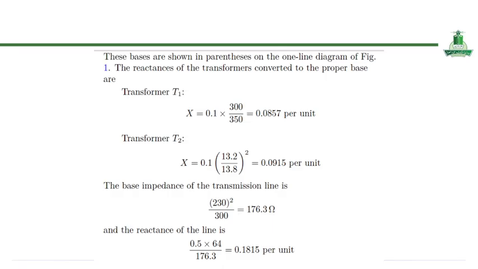By dividing the physical reactance from the line data by the base impedance, the per unit reactance of the line can be obtained as 0.1815 per unit. In overall, this slide highlights the importance of expressing all system components on a common base, allowing for consistent comparison and easier network analysis, especially when dealing with transformers operating at different voltage levels.